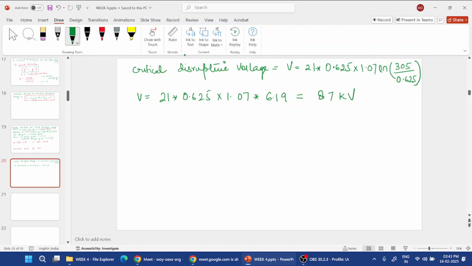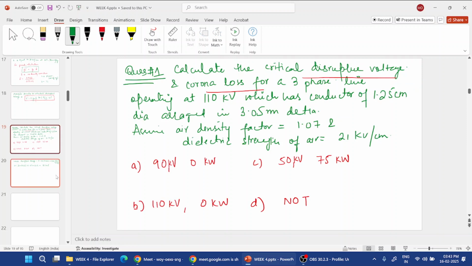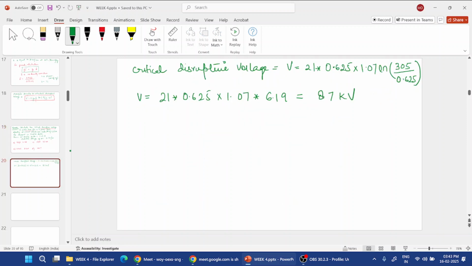So the critical disruptive voltage comes out to be 87 kV. Now, line operating voltage. We will calculate first. It is 87 into root 3. Sorry, just a second. Operating voltage is already there.